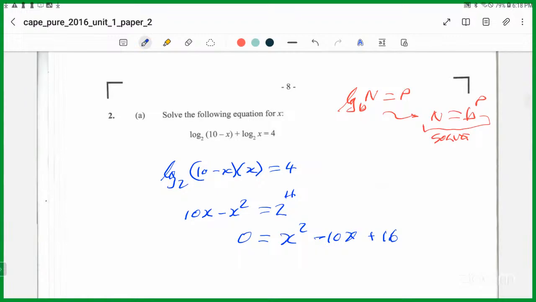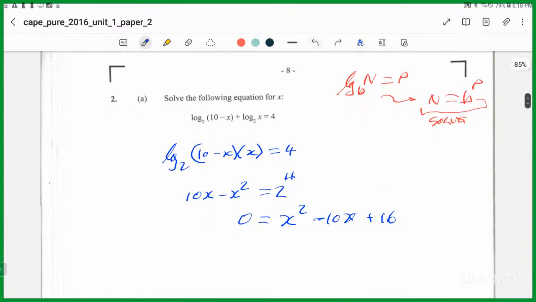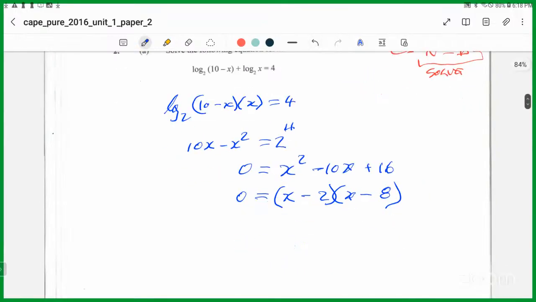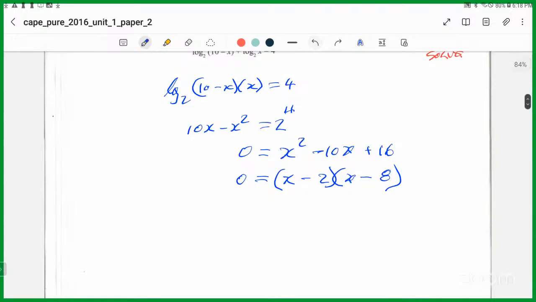And then we can factorize this side. 0 equals factors of 16 that add to 10 are 2 and 8. So this factorizes nicely into x minus 2 and x minus 8. Signs are the same, they are both negative. So this one will give us x equals 2. This one will give us x equals 8.